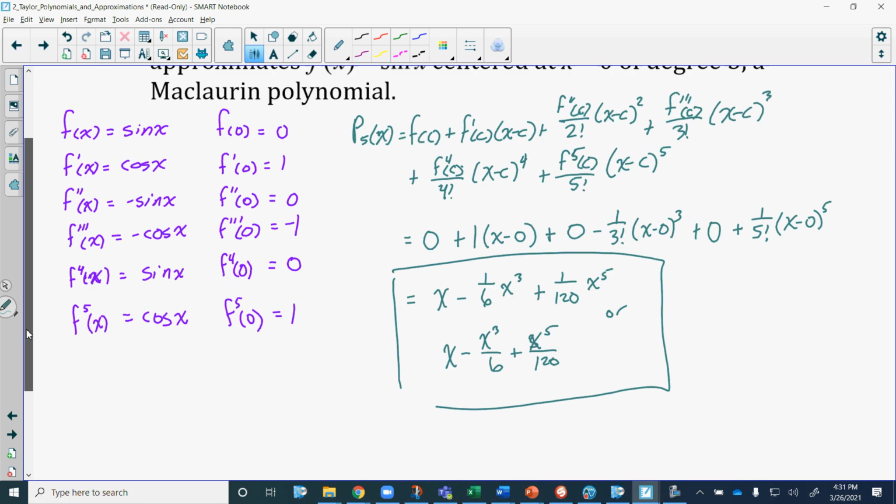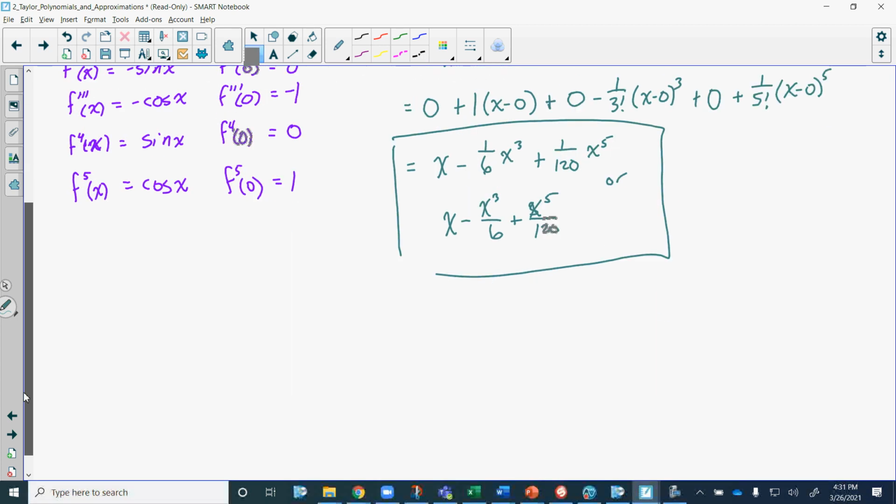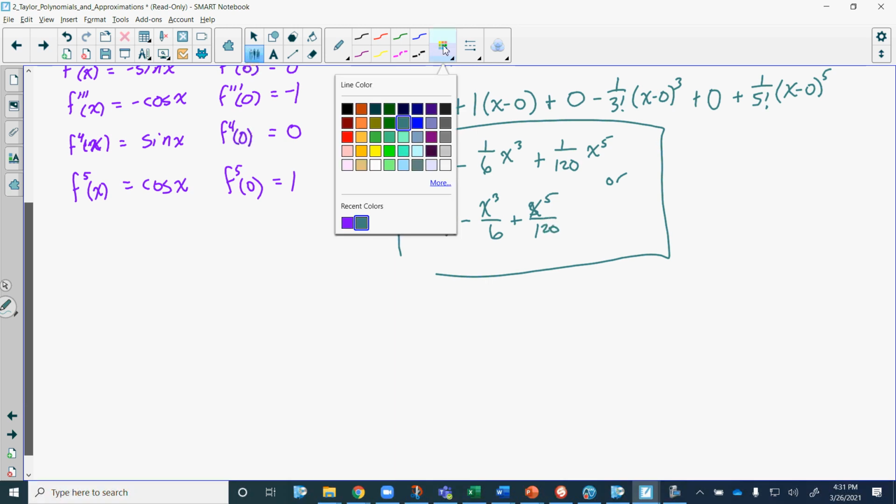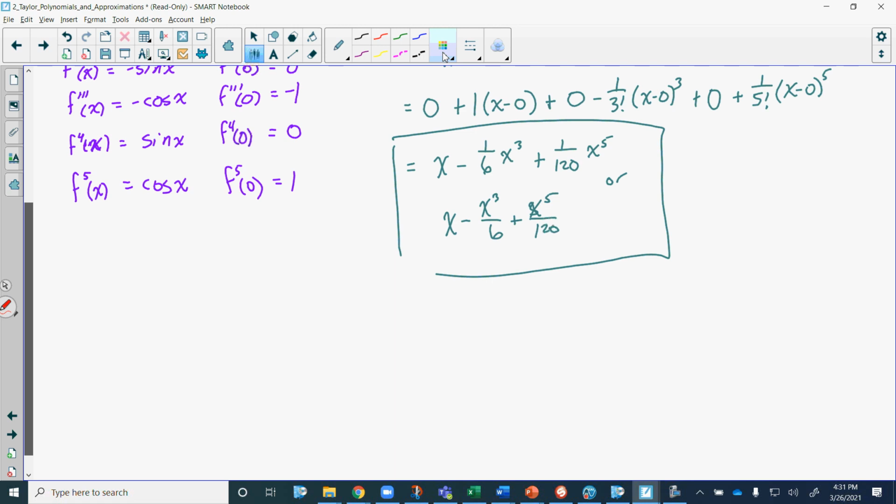But one of the things that I want to illustrate with this one is, what would it be if we continued, if we just wanted to know it for any particular degree of polynomial? Okay? We're looking at our pattern here, and we notice that all of the even valued degrees are going to be missing.